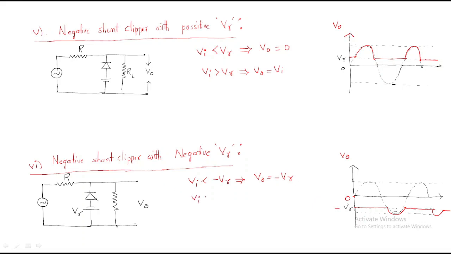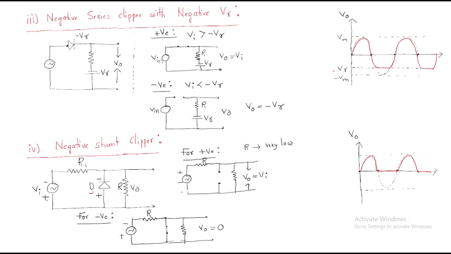And if the input voltage is less than minus VR, the output voltage is nothing but the input voltage. So these are the negative clippers.